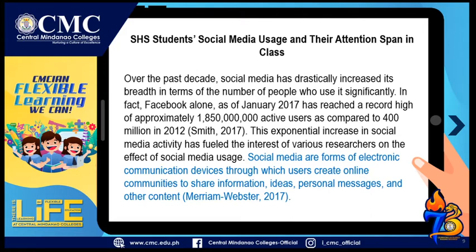This exponential increase in social media activity has fueled the interest of various researchers on the effects of social media usage. Social media are forms of electronic communication through which users create online communities to share information, ideas, personal messages, and other content, according to Merriam-Webster 2017.